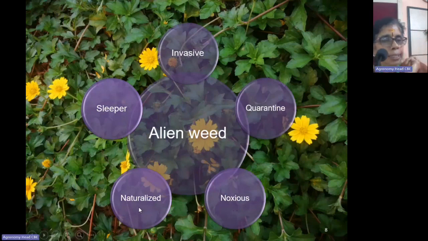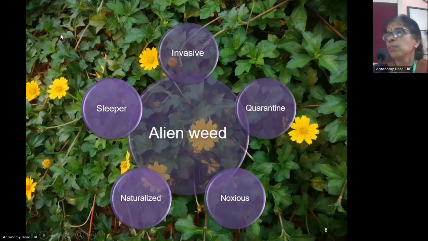And I already said some are naturalized. And some introduced alien weeds are designated as sleeper weeds, because for years they will have the status of a sleeper. It just sleeps and will not make a major threat. You will see only a few populations, but once a suitable condition arises, they get invasive status.